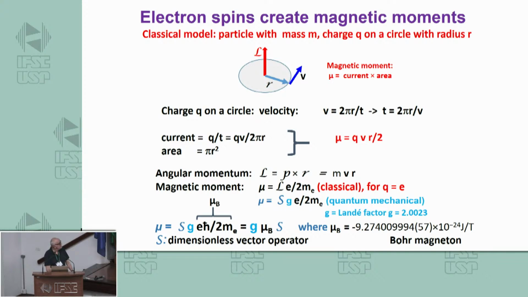So now S is the dimensionless vector operator, and e h bar over 2m_e is called the Bohr magneton. So we get mu, the magnetic moment operator, is equal to the factor g times this Bohr magneton times the angular momentum operator associated with the electron spin. And this mu_B, Bohr magneton, has this particular value.